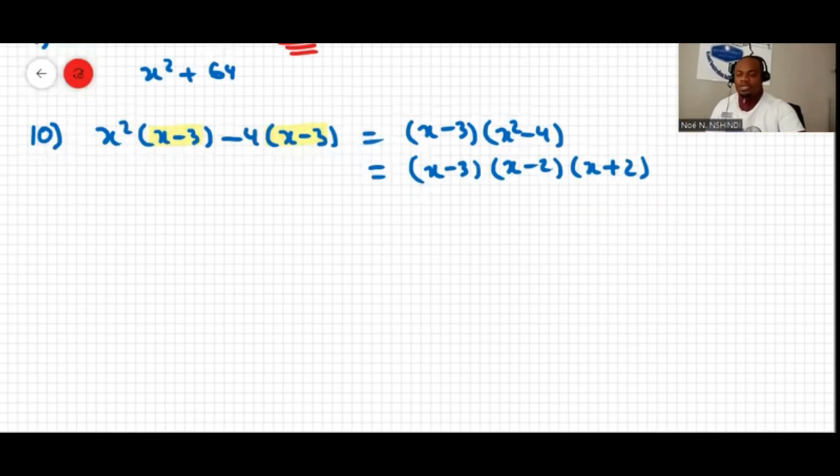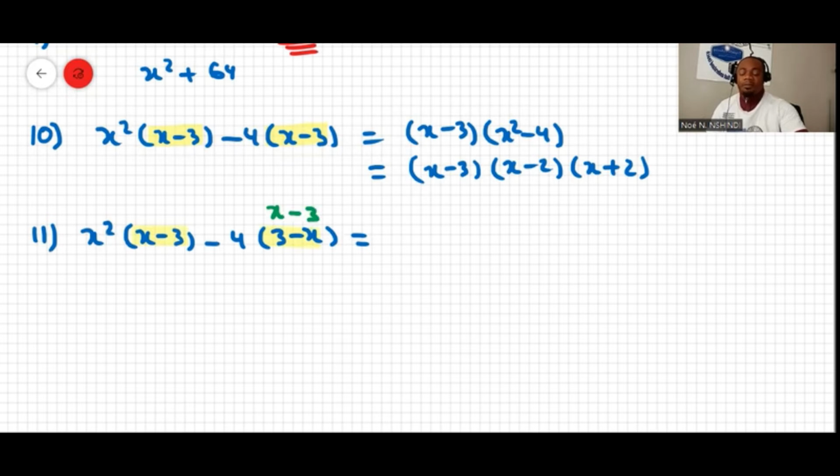We also have question 11, which is similar to question 10. Here we have x squared times x minus 3, and then minus 4 times 3 minus x, and then factorize this. So I wanted to look at these two. Here we have x minus 3, that's 3 minus x. What can we do here? There is a way we can make it the same. I can make it x minus 3, but this will change the signs outside the brackets. Because it's negative, I'll make it positive. Check this out.